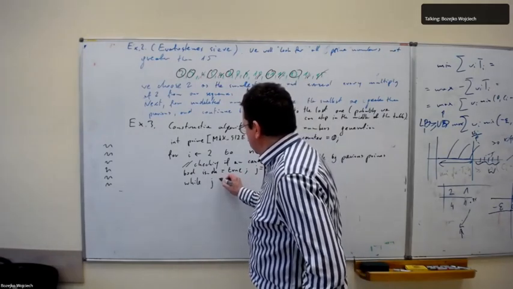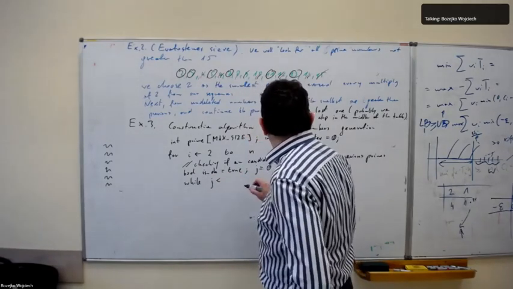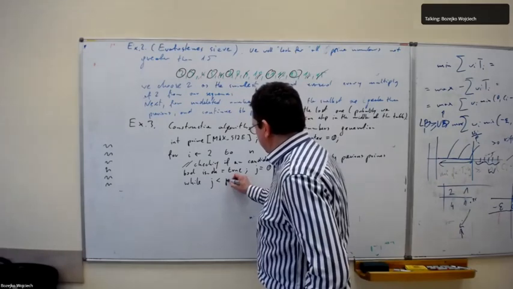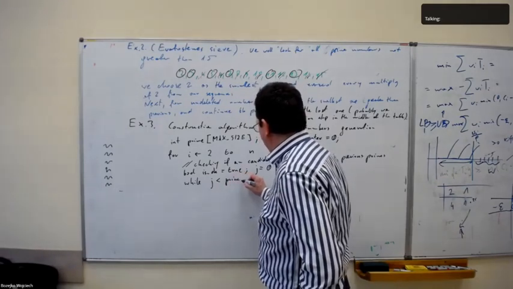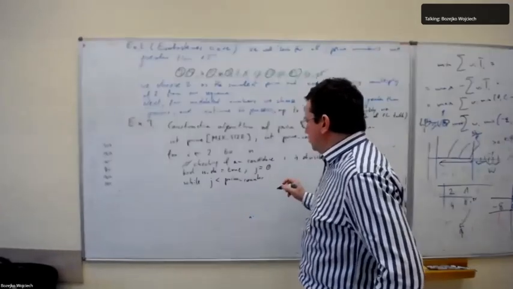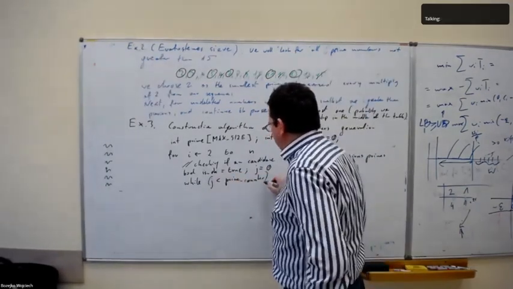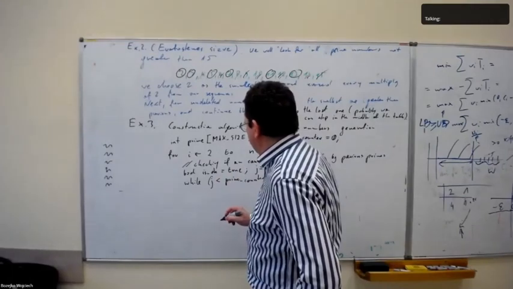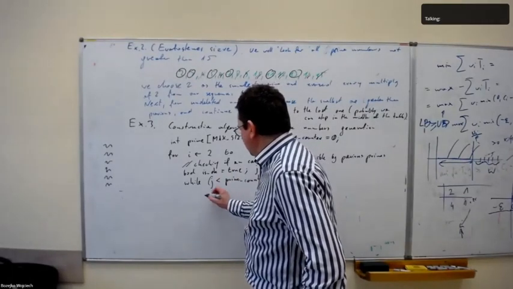While j is smaller than prime counter, we try to divide. Yes, so we make a division like that.